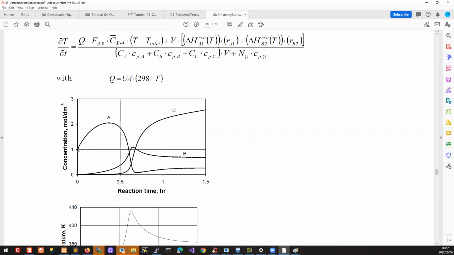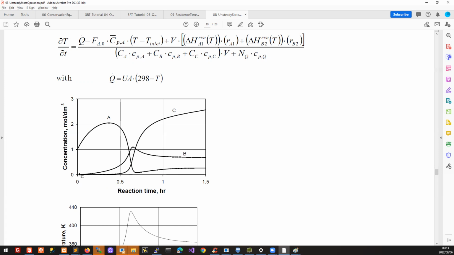So initially, your concentration of A is going to rise simply because you are feeding A into the reactor in that feed stream. So A concentration is rising, but the reaction is also proceeding. So component B is also being produced. And so as the concentration of A rises, then B gets produced faster and faster.